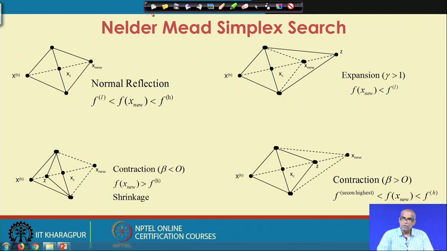So, you again would like to contract, but you do not like to shrink, because here the function value at the newly reflected point has improved when you compare it to the worst point in the old simplex, but at the same time the function value is higher than the next to worst point in the old simplex.